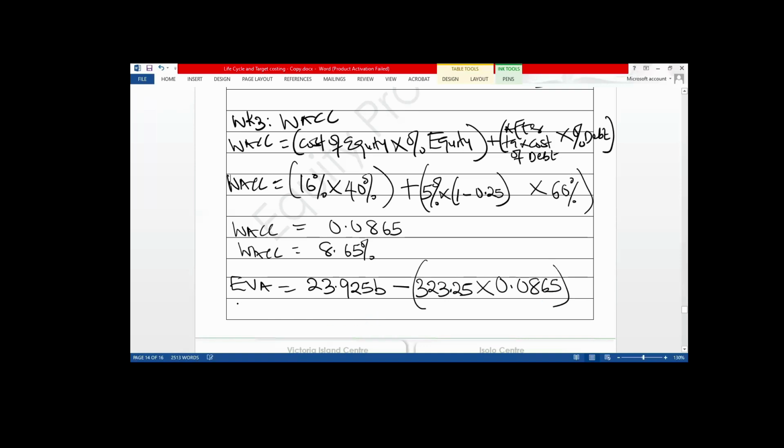Please compute your economic value added. Is it positive or negative? Your answer should give you negative. It's negative 4.036 billion.